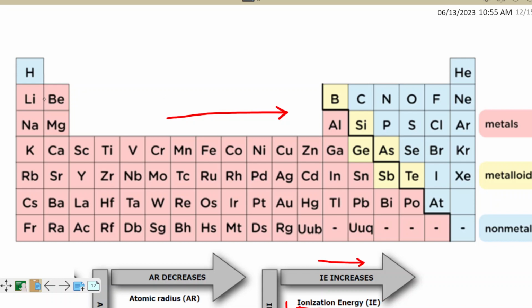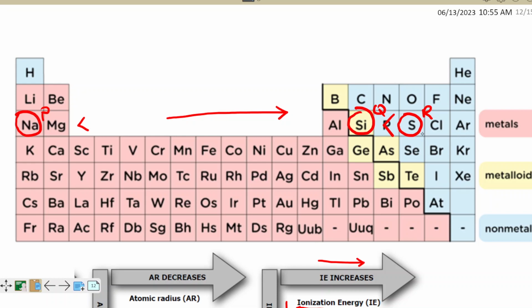That means the ionization energy of sodium is smaller than that of silicon, and that of silicon is smaller than that of sulfur.